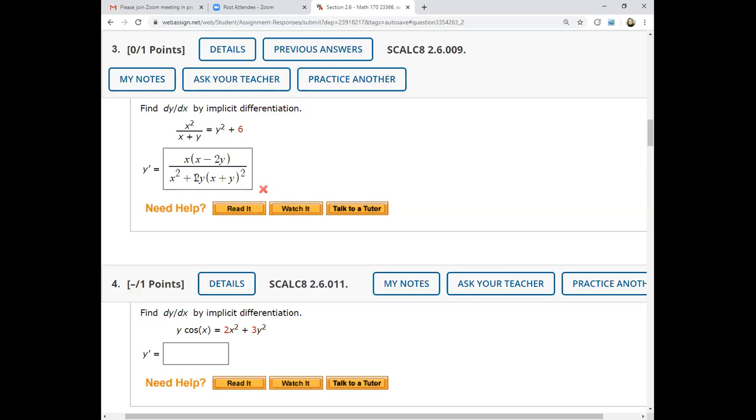And that was, well, yeah, so 2y dy dx. So then I need to do 2x squared plus 2xy minus x squared minus x squared dy dx over x plus y squared.